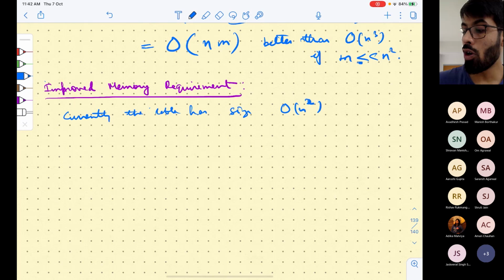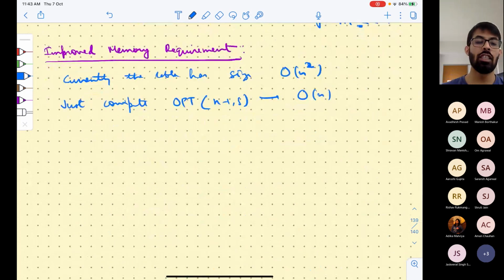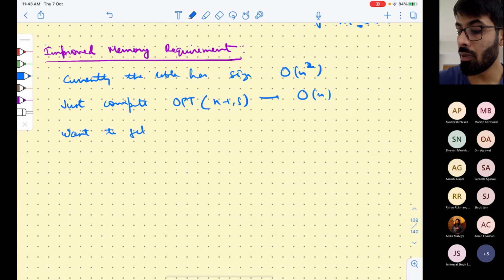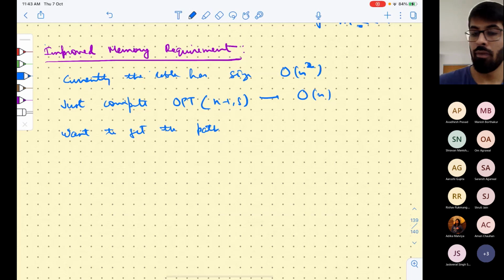If we just want to compute the opt, then we can do it in order n, because we just need to maintain the I minus 1th row, and the next one will follow. But suppose we don't want to just compute, but also want to get the path. Then what can we do?